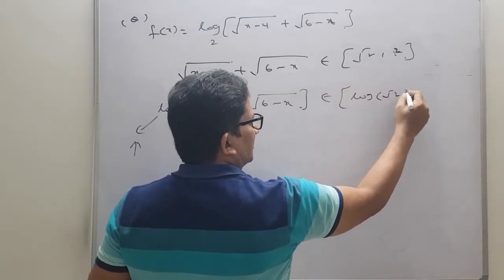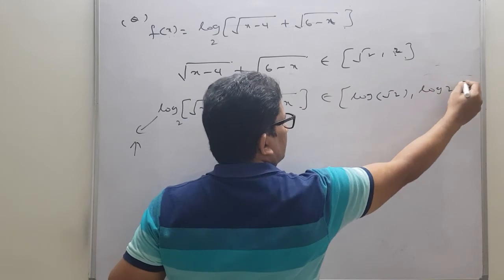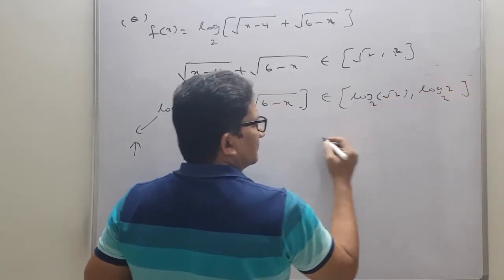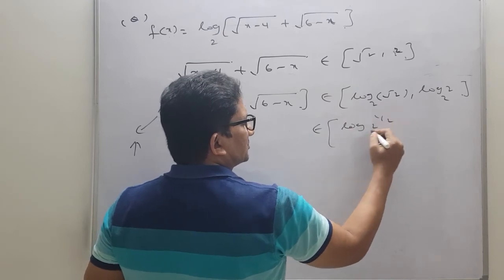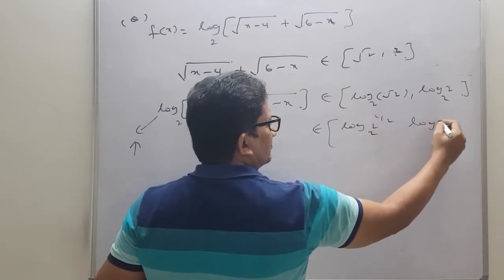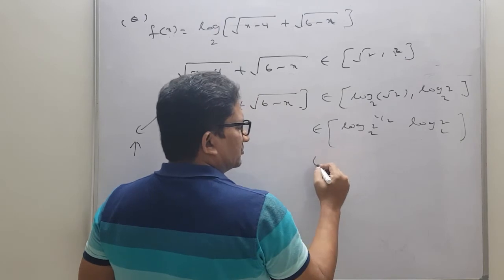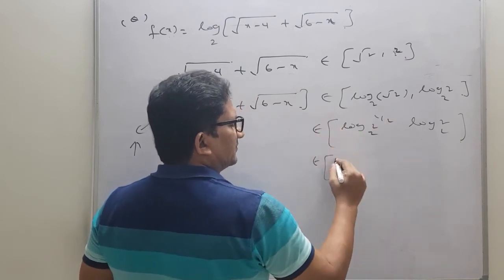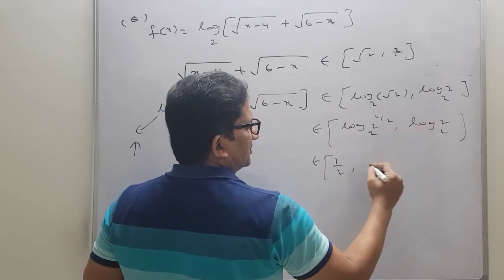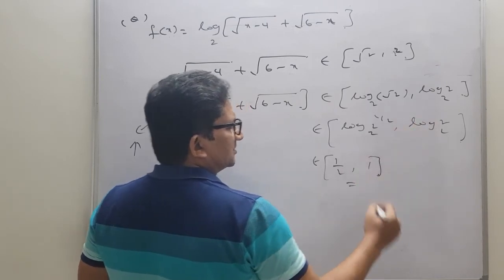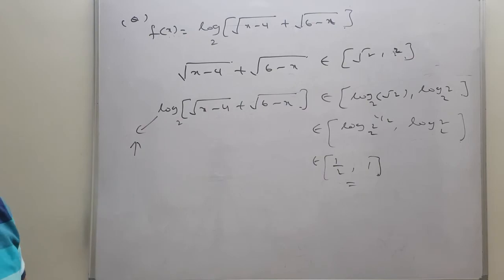Log root 2 and log 2, of course the base is 2. Root 2 can be written as 2 to the power of 1 by 2. According to the property, this 1 by 2 can be written in front. And log 2 to the base 2 is 1, and here also log 2 to the base 2 is 1. So then the range is 1 by 2 comma 1.